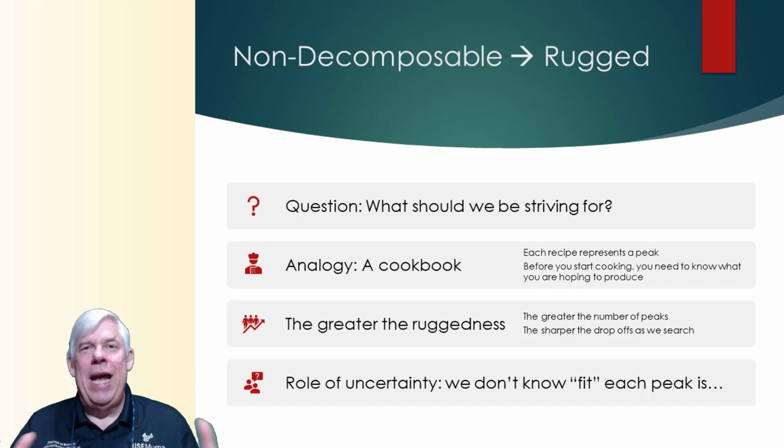If you had the same 20 yes-no variables with a highly complex, a maximally complex landscape, there would be 2 to the 20th power combinations, which is just over 1 million combinations, and you would have to explore each one of them to find the global maximum.